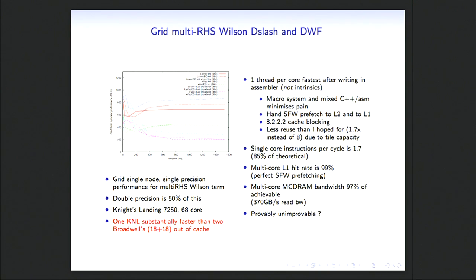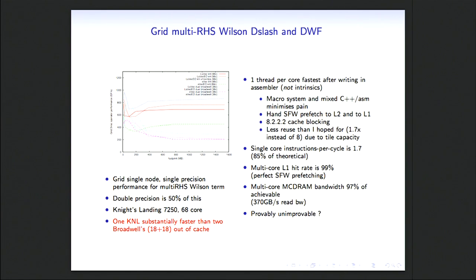On KNL we're getting between 960, falling a bit to 700, and back up to 860 gigaflops in single precision across the board, with no appreciable fall off because it fits within the high bandwidth memory. Whereas dual Broadwell will give us 800 and fall out of cache pretty rapidly, ending up maybe 3 times slower than a single KNL, which is quite impressive.